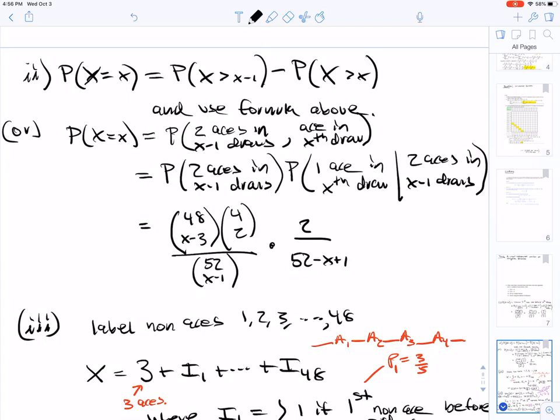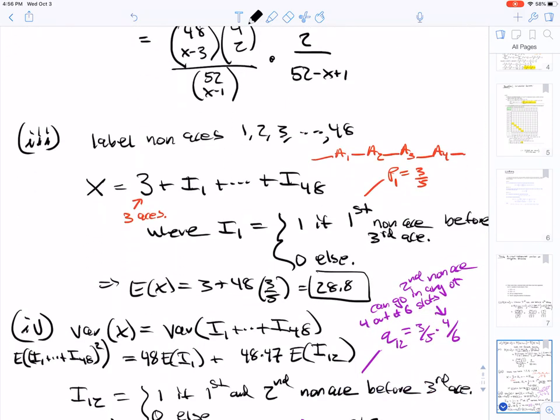So I can use the multiplication rule here and write out each of these probabilities. The first is just a straightforward hypergeometric formula, and for the second, remember, I have 2 aces left over, given that I already have 2 aces in the first x minus 1 draws, and there are 52 minus x plus 1 cards left.